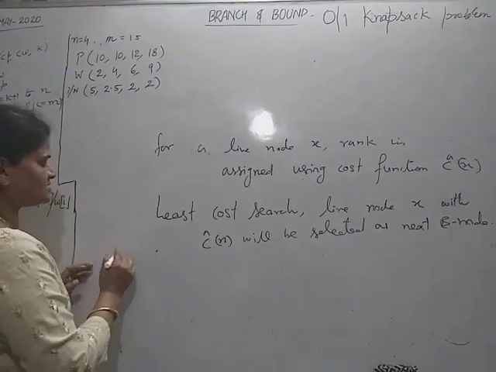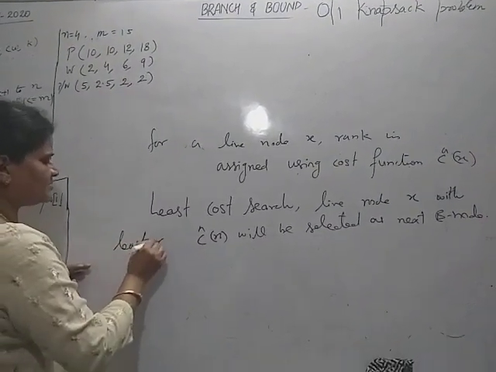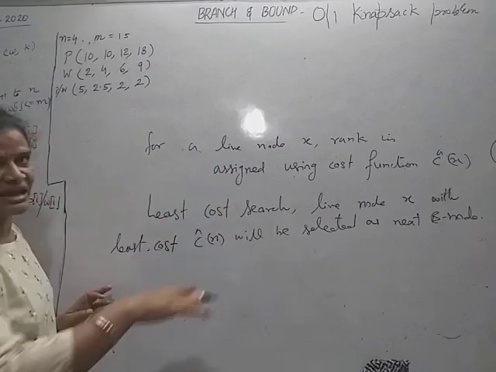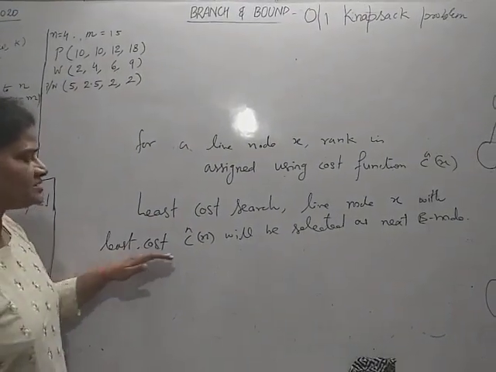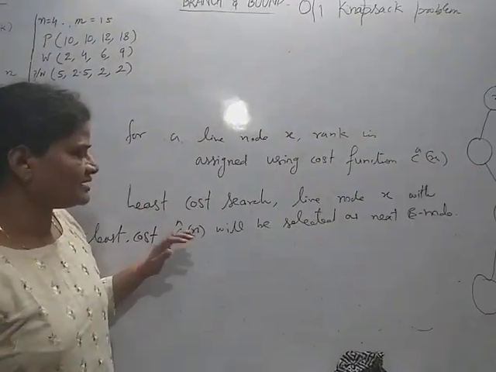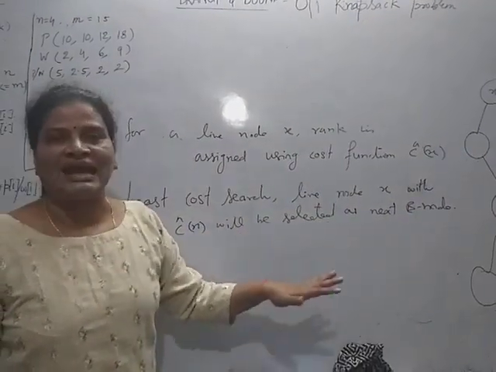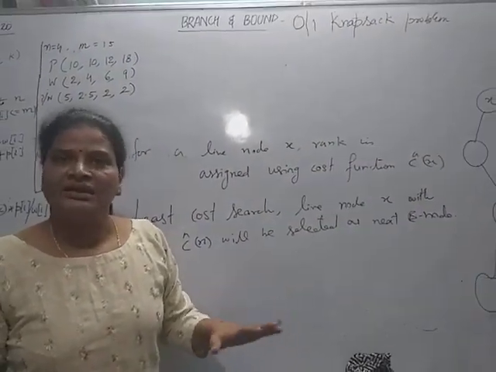The least cost that is associated with every live node will be selected as the next E node.